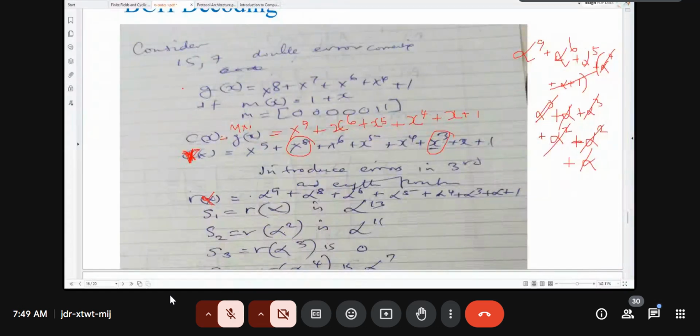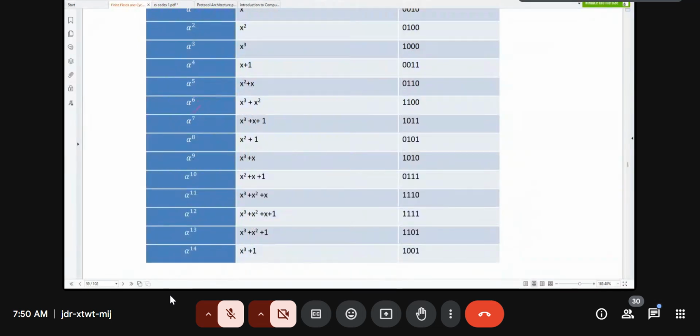When you talk of alpha squared, you're talking of one of the elements, which can be broken down to what we are doing here.